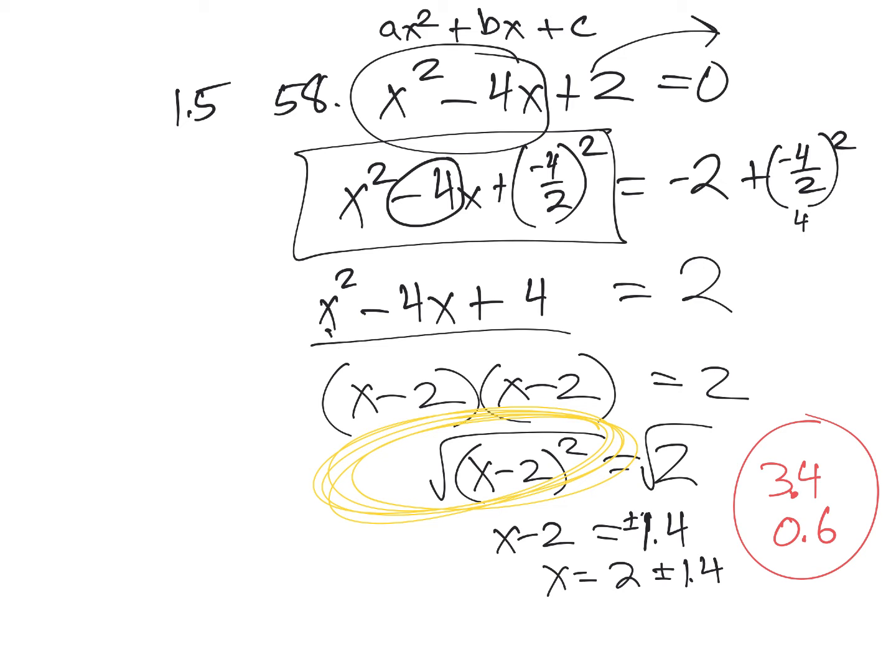This first letter is the first letter of your trinomial. The sign that is in between both of your binomials will be the first sign in the trinomial. And the number that's in your binomial is whatever b over 2 is.